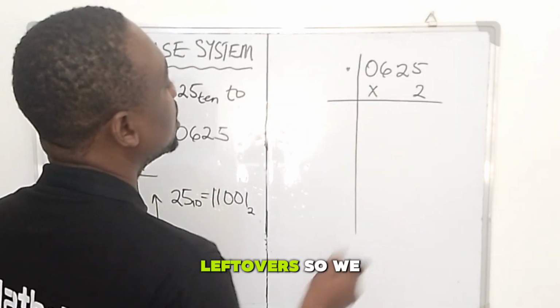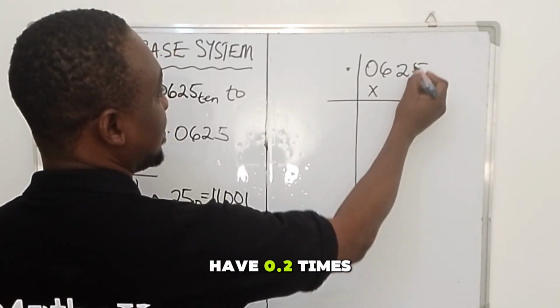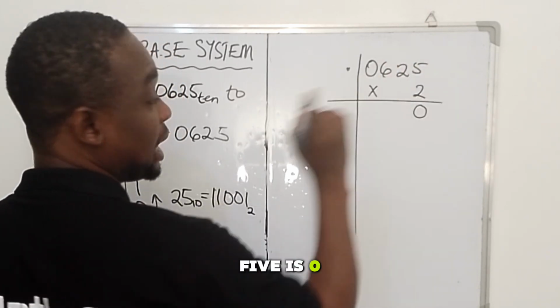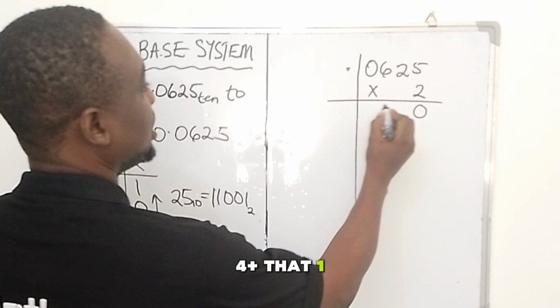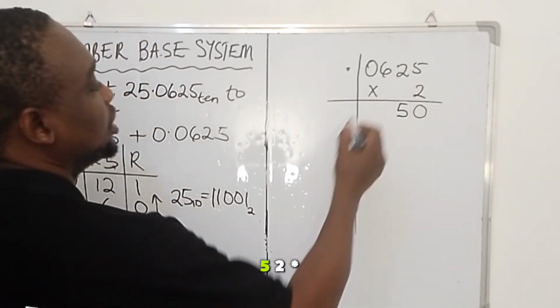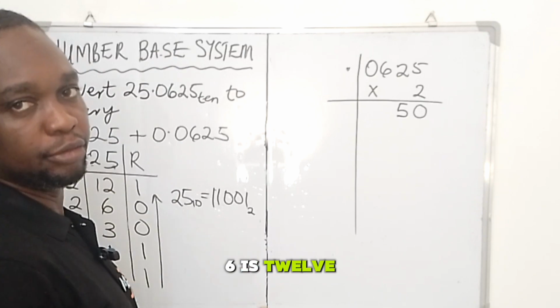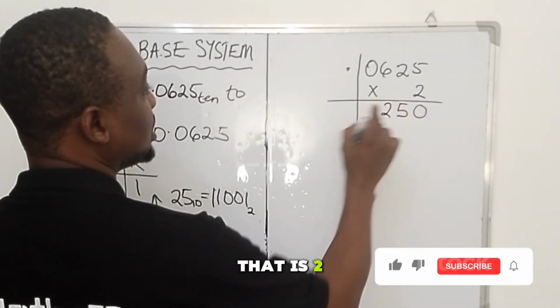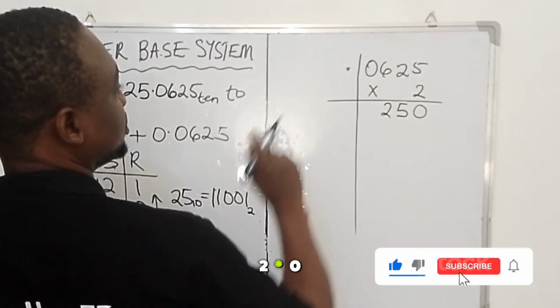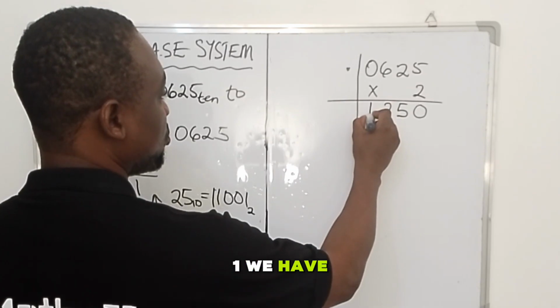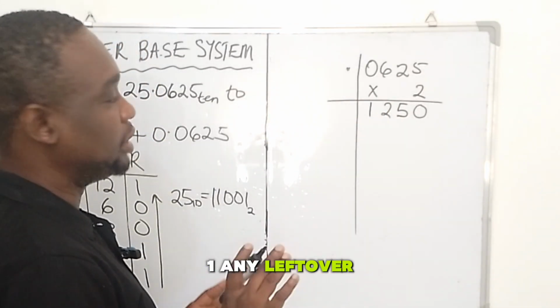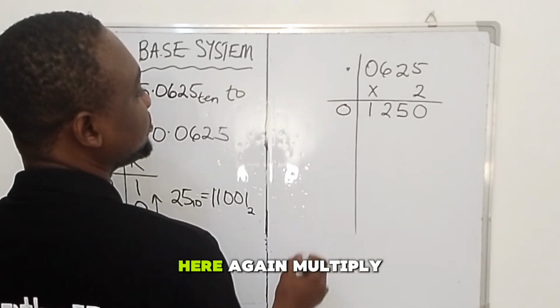Those are the leftovers. So we have 2 times 5 is 0, carry 1. 2 times 2 is 4, plus that 1, we have a 5. 2 times 6 is 12. That is 2, carry 1. 2 times 0 is 0, plus that 1. We have 1. Any leftover? No, so we have a 0 here.